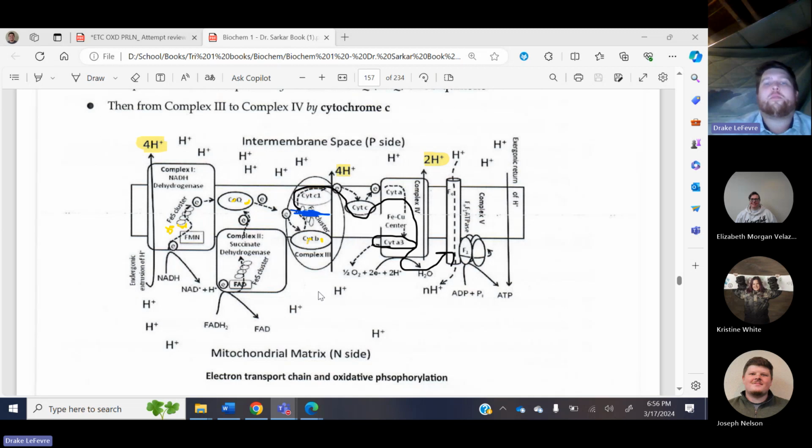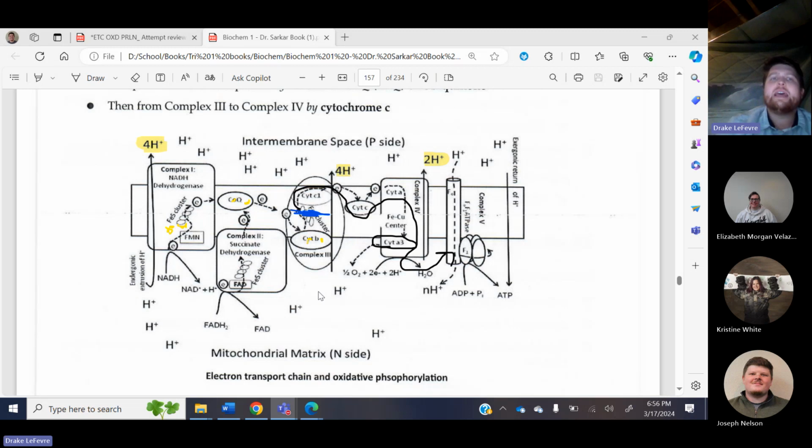The reason why this is important, if we think about electrons moving through something, imagine a wire, very similar concept. As the electrons move and pass through, it gives energy. It allows there to be energy to do certain actions, just like how we get electricity and how we power everything with electrons moving through wires.